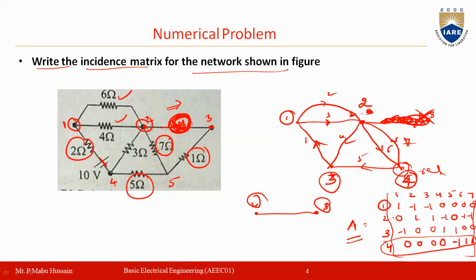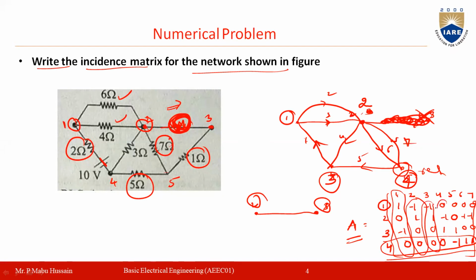Okay, so if you observe this incidence matrix, if you sum the column elements, you will get 0, right? If you see here, the first column, the total value will be 0, that is 1 minus 1. Similarly for 2 also the same, -1, 1. Similarly for 3 also the same.